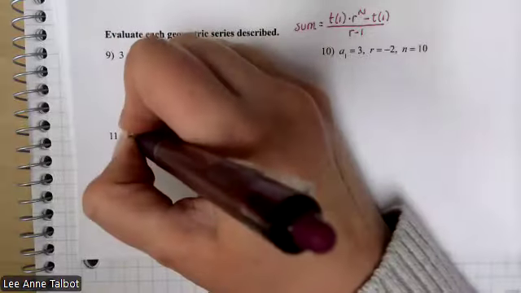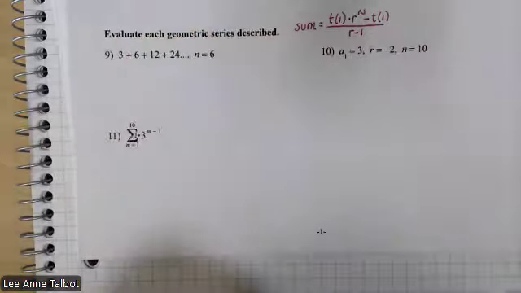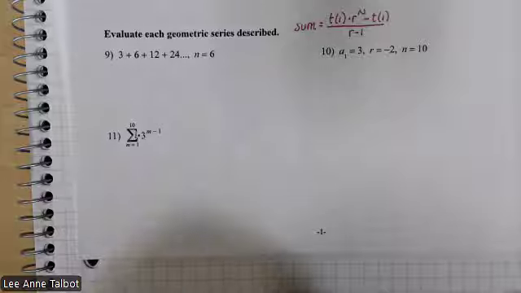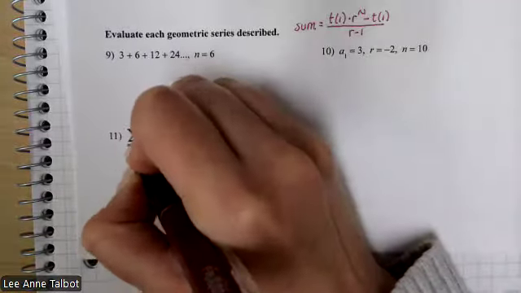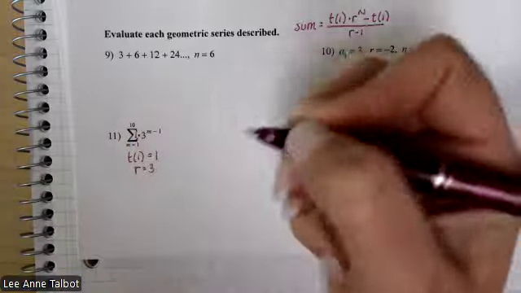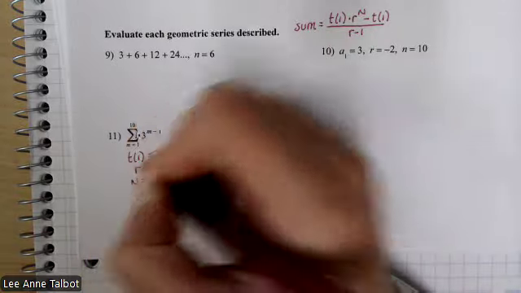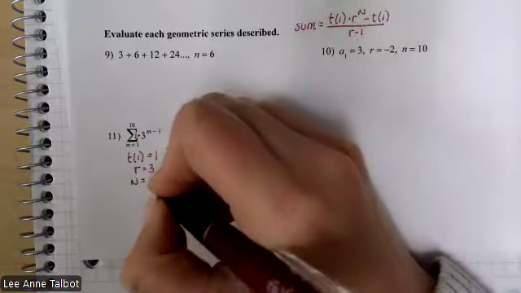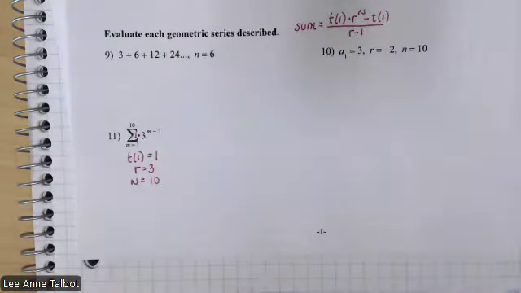So you put a 1 times in the front of that. And the first term is 1. Multiplier is 3. Number of terms is 10. And then I'm sure you got it from there. Just be careful with the calculator.